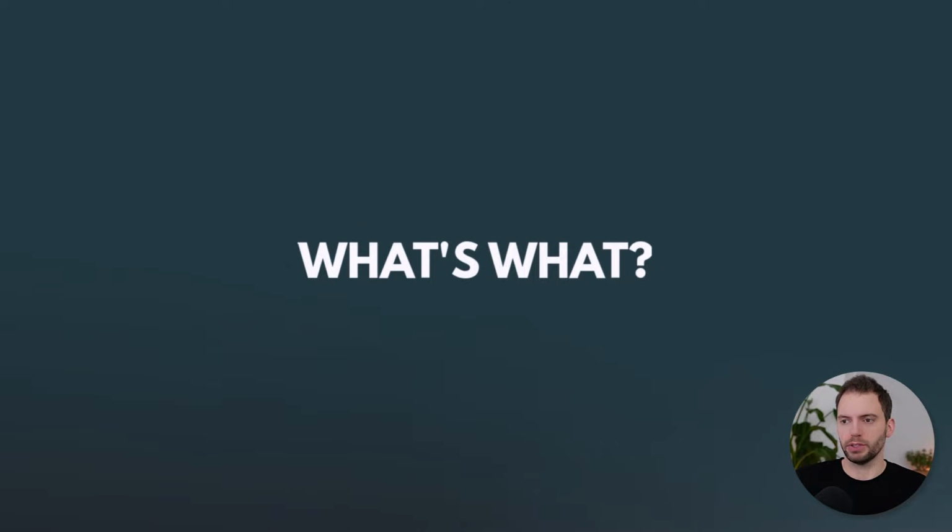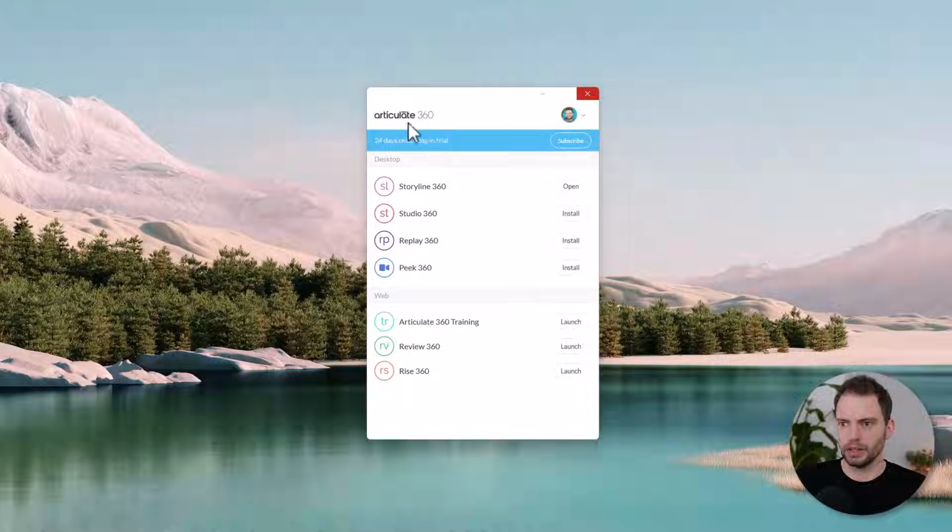One question that you might have is, what is Articulate and what is Storyline? So Articulate is the company that is producing Storyline, and they have a suite, and this suite is called Articulate 360.